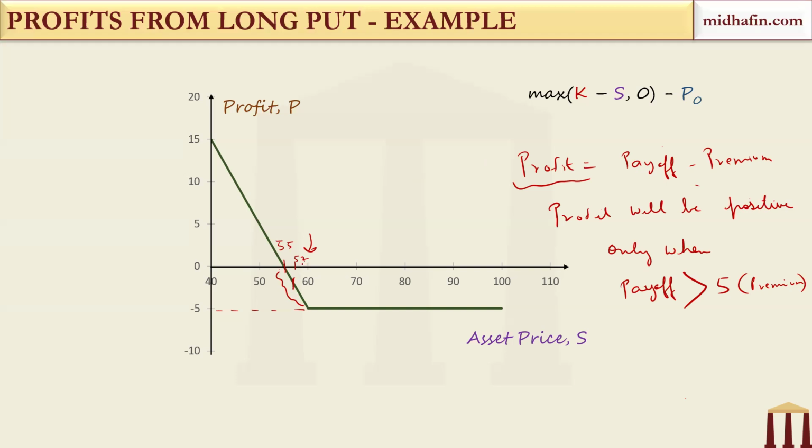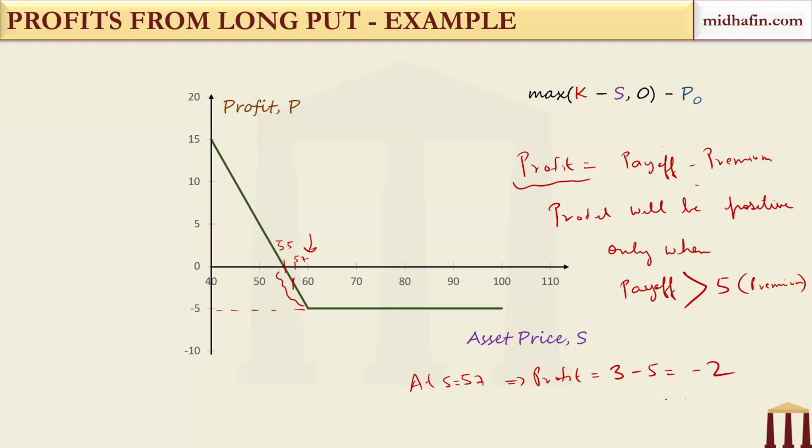But how much premium did you pay? 5, exactly. So at 57, what is your profit? It is negative, -2. Correct. So even though you are exercising the option, even though it is in the money, your profit is negative because the premium was paid upfront. You have already lost it.